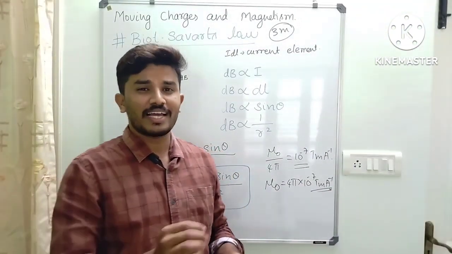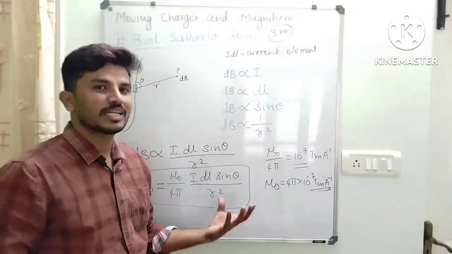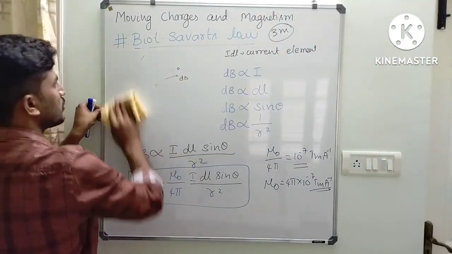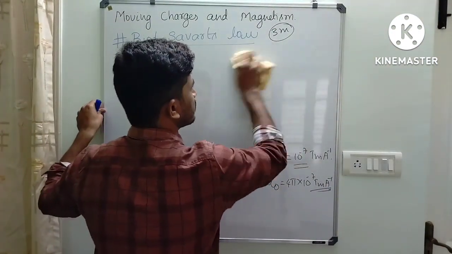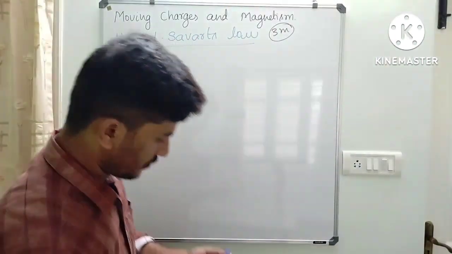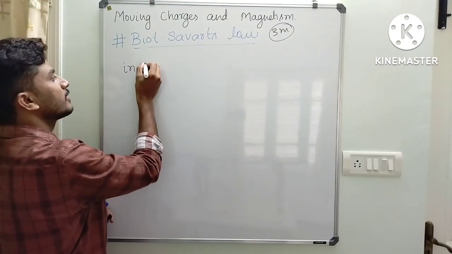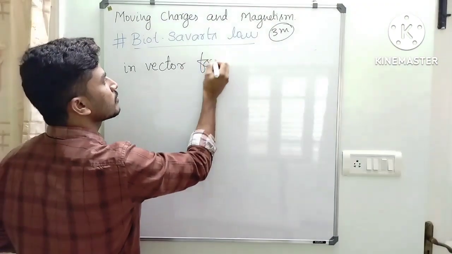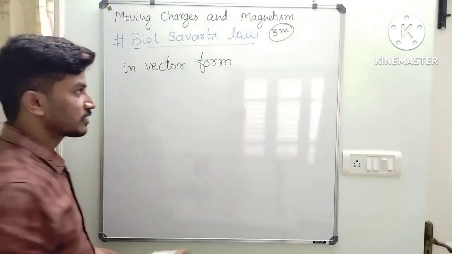Okay. If they ask you to write the Biot-Savart's law in vector form, how to write it? Okay. Let me write the Biot-Savart's law in vector form. Do remember one thing, dear students.